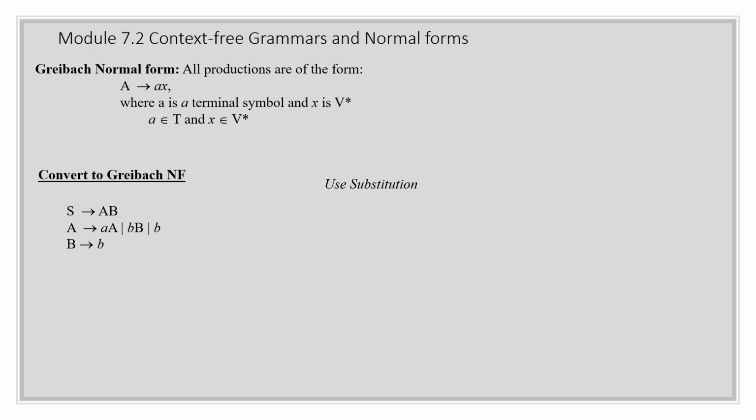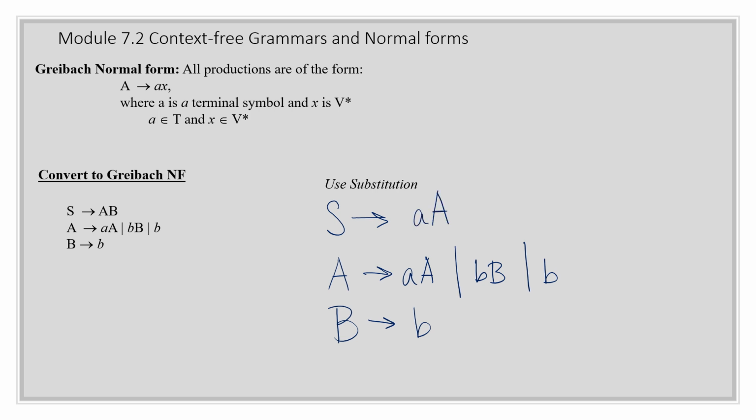This production is fine. This is Greibach normal form. This one is as well, and this one is as well. And this is a single variable, so this one also is fine, but this one is not. So we can substitute the A here with B. We just took this A and substituted it here.